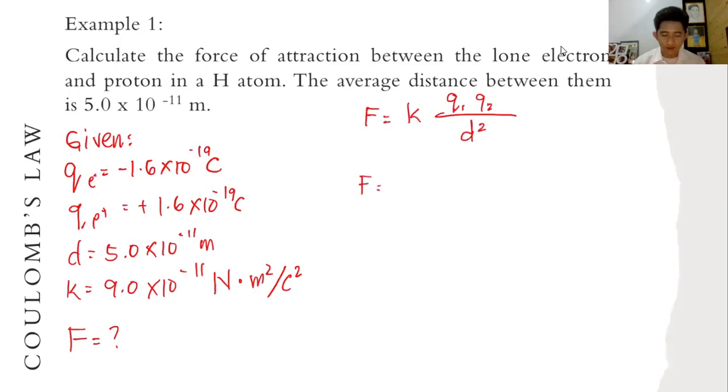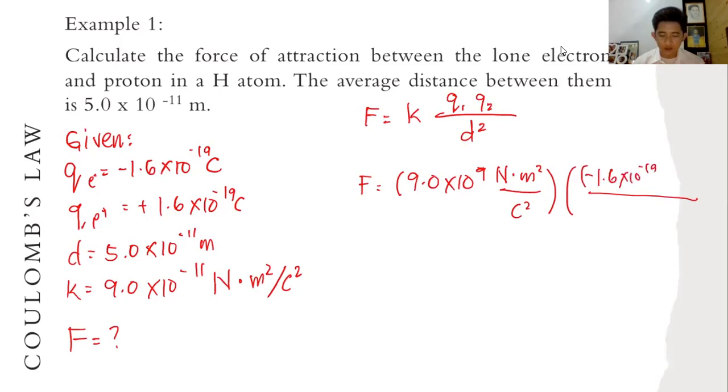So we have F is equal to 9.0 times 10 raised to 9 newton meter squared per coulomb squared, times negative 1.6 times 10 raised to negative 19 coulomb, times 1.6 times 10 raised to negative 19 coulomb, and then divided by 5.0 times 10 raised to negative 11 meter, then we square it.